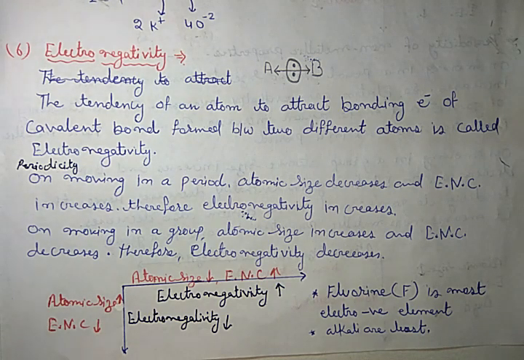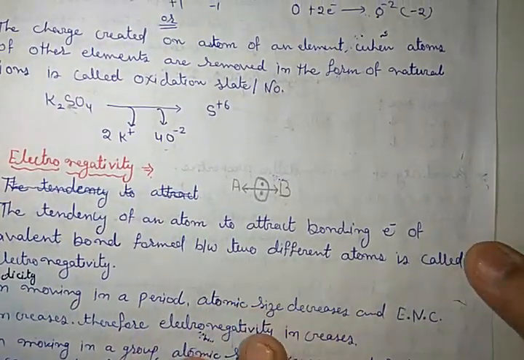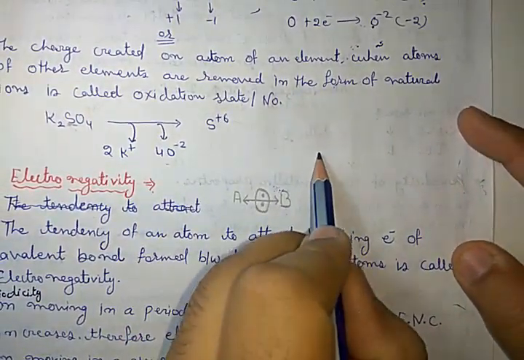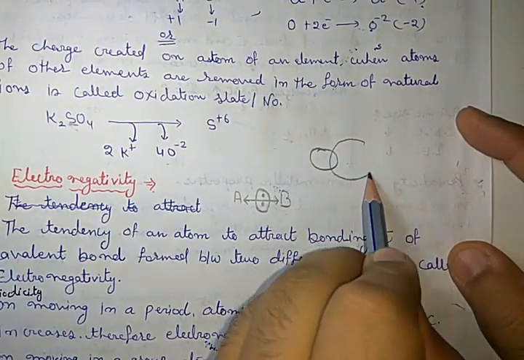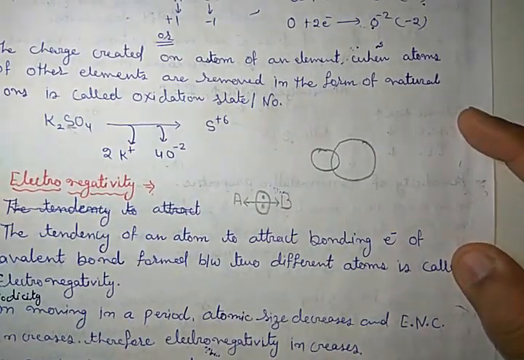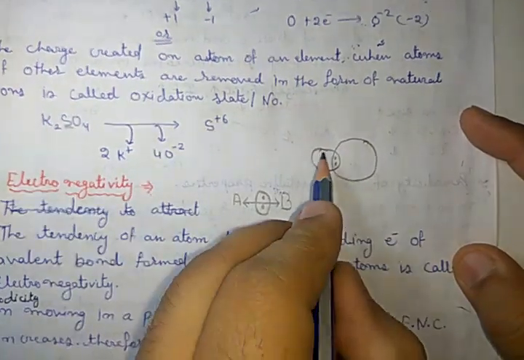That means, in a period, which kind of changes appear. To describe it, let me take another example. That is one atom, and that is another atom, which are sharing the electrons. These are shared electrons.